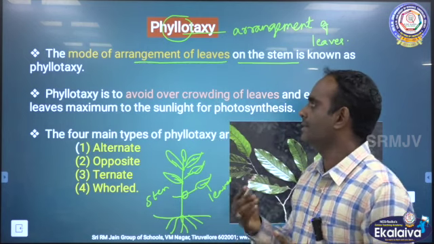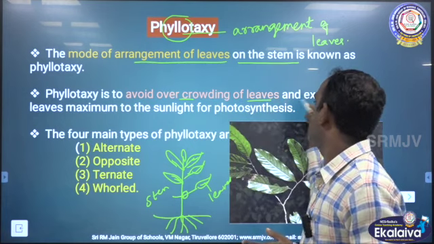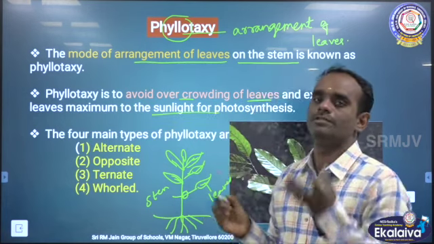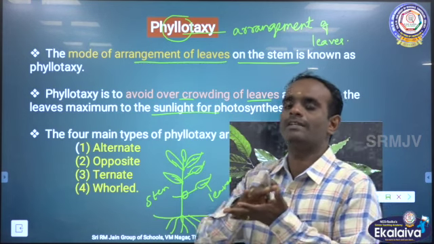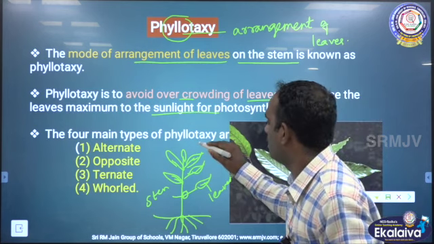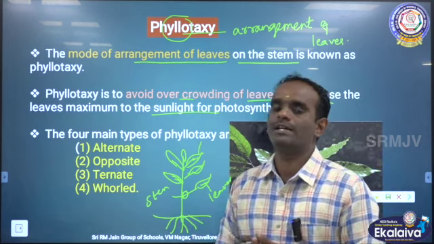The Phyllotaxy is to avoid overcrowding of leaves and expose the leaves maximum to the sunlight for photosynthesis. If there is no arrangement of leaves in a plant, some leaves are exposed to sunlight and some leaves are not exposed to sunlight.